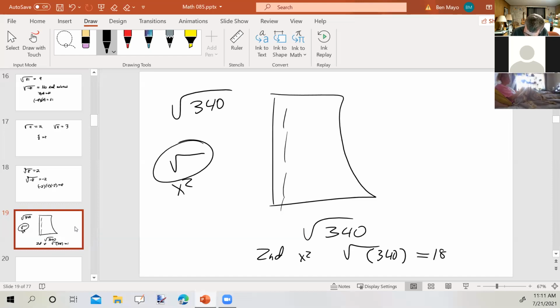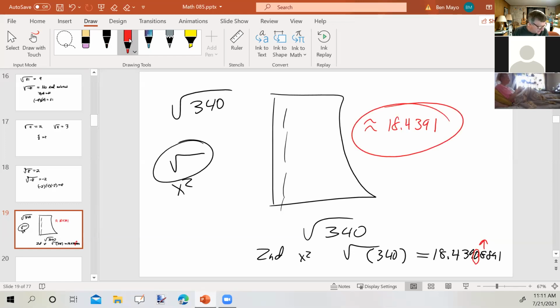So that's 18.439088891. To 4 decimal places, that would be right there. This 8 is going to round up. So 18.4391 is going to be my answer rounded to 4 decimal places.